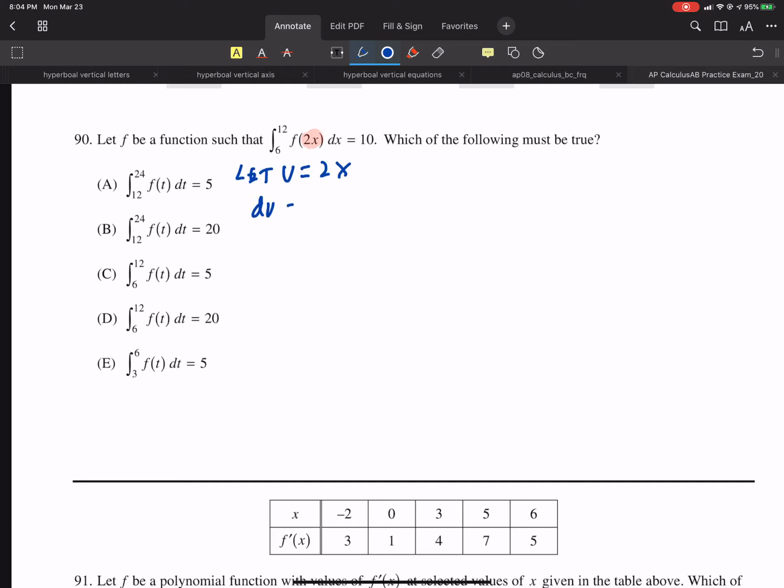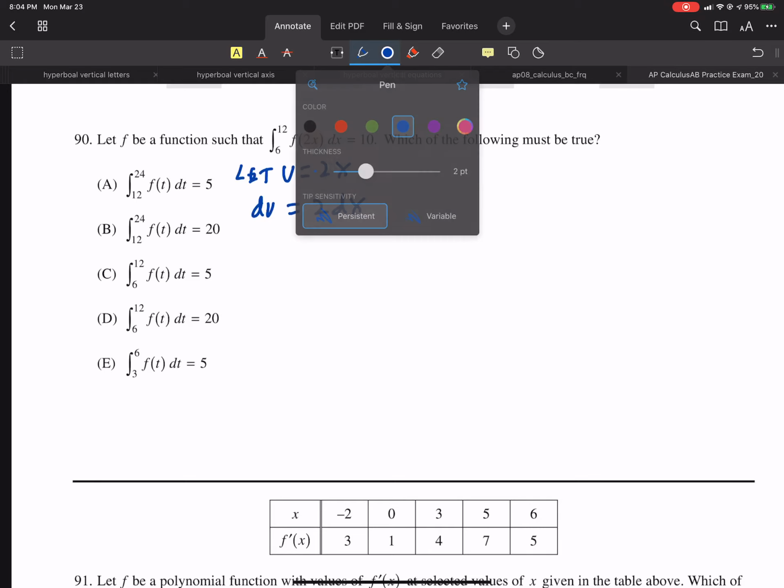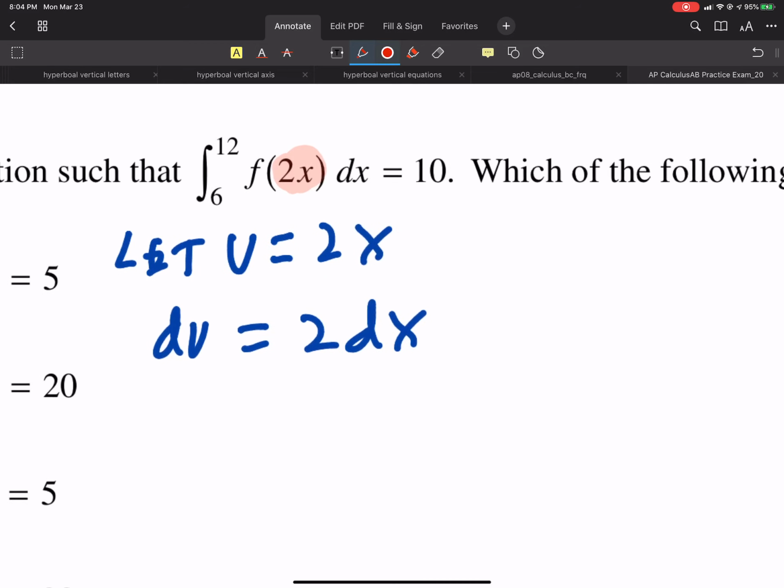That means du is going to be 2 dx. And so here's my question. Do we have 2 dx? If I do that, now I have a 2 dx.